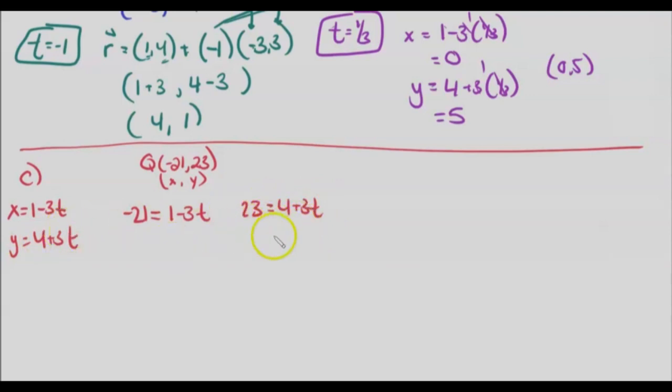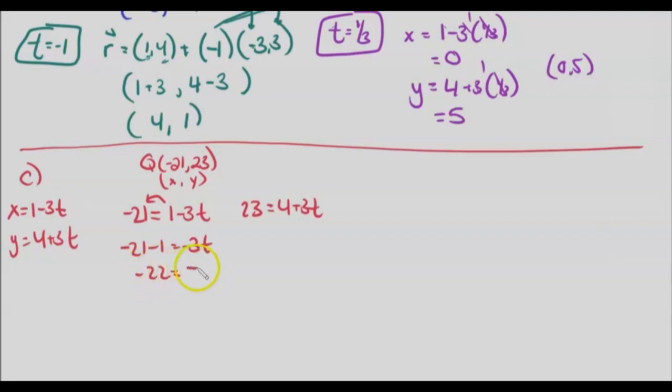And then what we're going to do with both of these, because these are just equations with one unknown, we are going to solve for the parameter. Okay, so what our question actually is, is there some parameter that we can sub in order to yield this point Q? So let's rearrange. So then we'll have negative 21 minus 1 equals negative 3t.